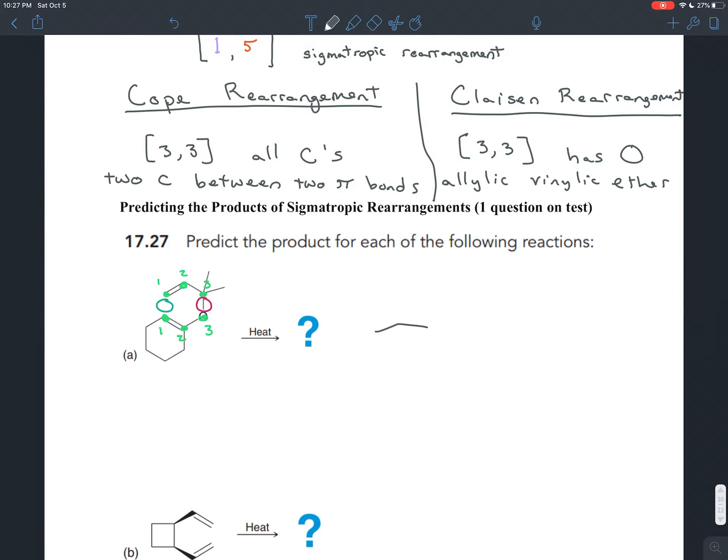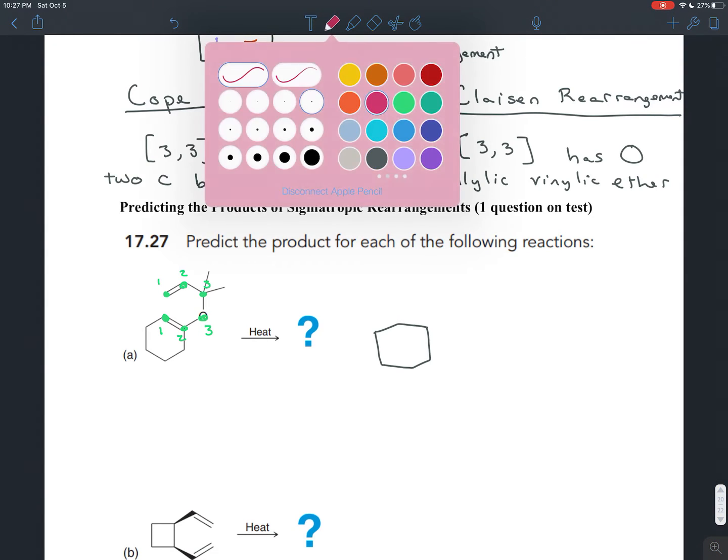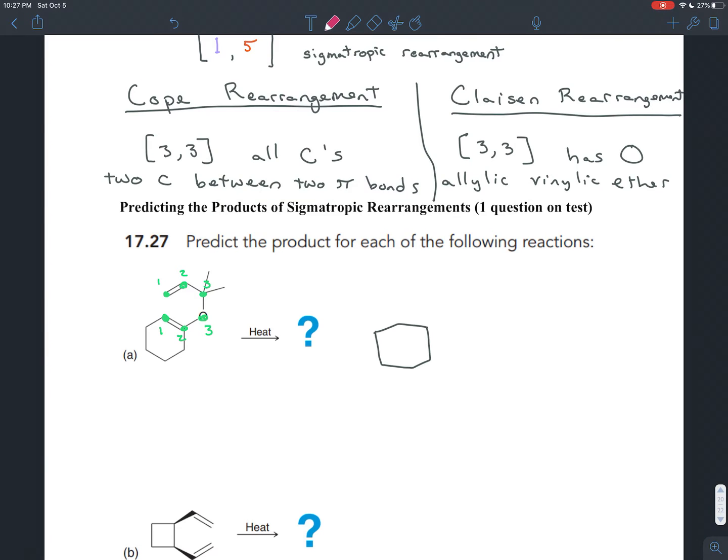So we'll copy that molecule. We're going to have a new sigma bond here, and in order to form all of these things, we will make all of these electrons move around in a ring. So I'm going to have them move clockwise. So this bond will go down, this bond will go over, this bond will go over.